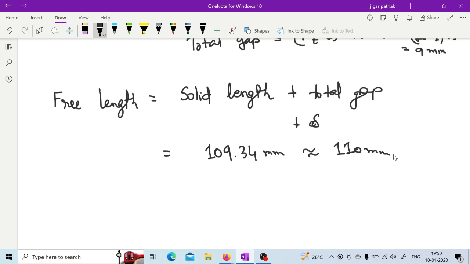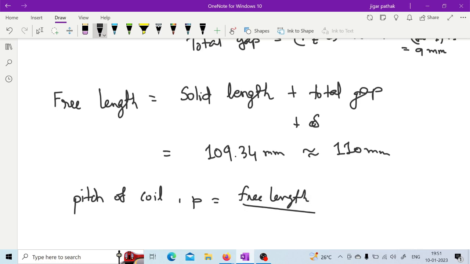One more thing they have asked is pitch of the coil. So pitch of the coil also we have seen, right? How can you calculate pitch of the coil? Your free length divided by NT minus 1.